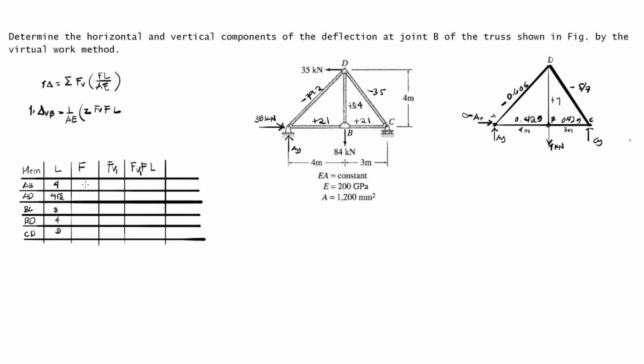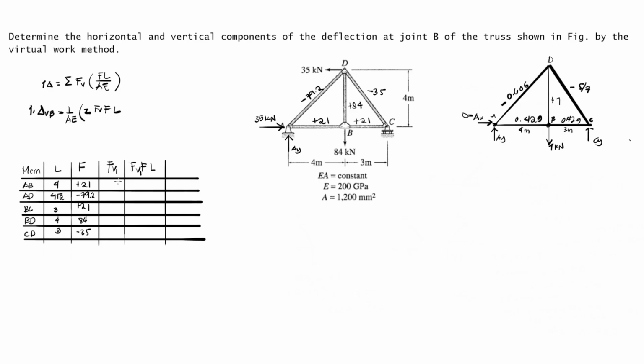Okay, yung F natin, ilagay natin. Pati yung sign, no? So, positive 21. AD is negative 79.2. BC here is positive 21. BD is positive 84. CD is negative 35. FV1, lagay natin yung mga virtual member force due to the 1 unit vertical load.